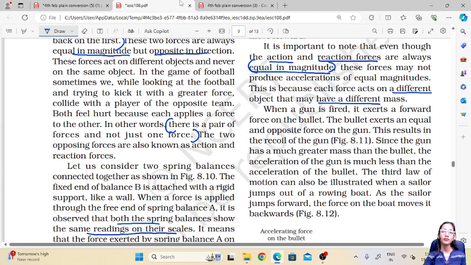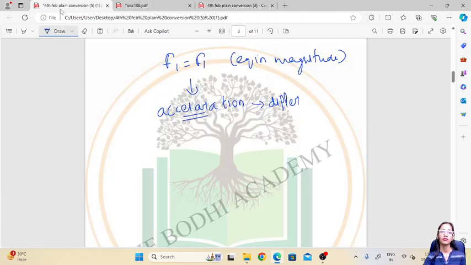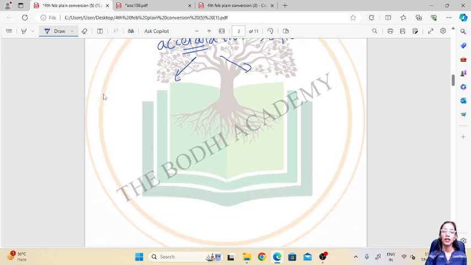So acceleration will differ because of mass. Larger mass will give less acceleration with the same force, and a lesser mass object will give more acceleration with the same force.